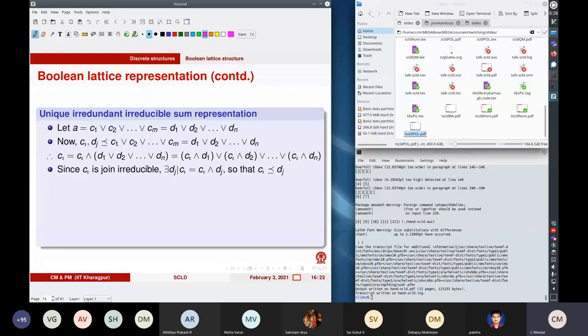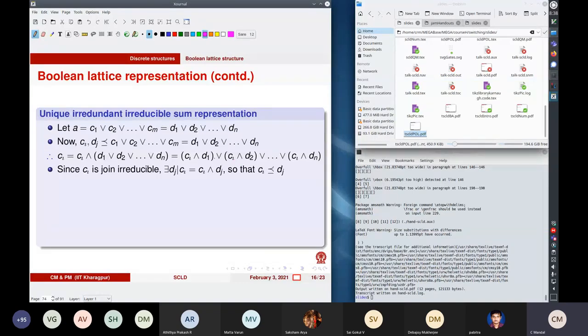Now, since Ci is join irreducible, by the property of join irreducibility, one of these elements must be the same as Ci.